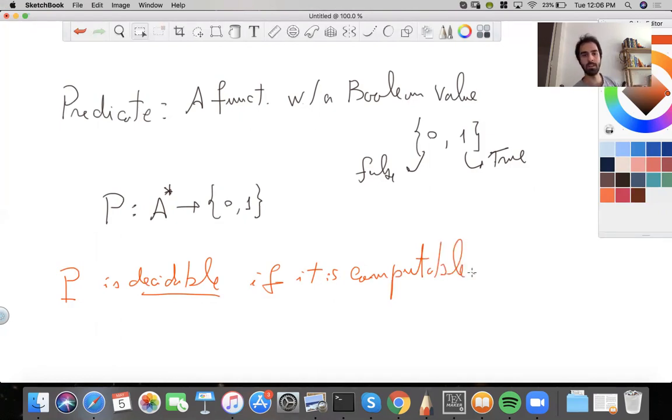What does that mean? It means that I can decide whether this predicate is true or false if a Turing machine can compute it. So if P is decidable, there is a Turing machine such that P of alpha, P of a string alpha, is computable for all alpha in A star. Let me write that down.